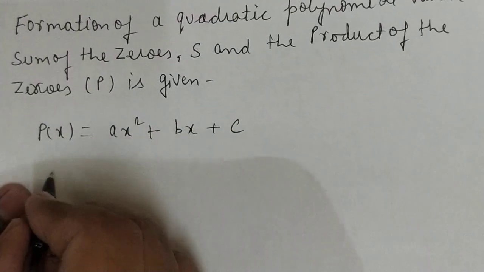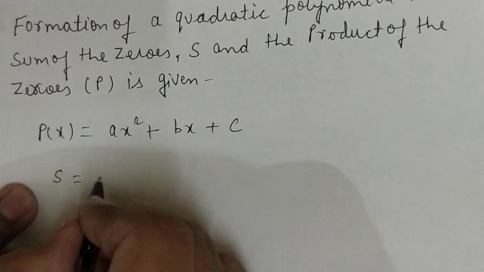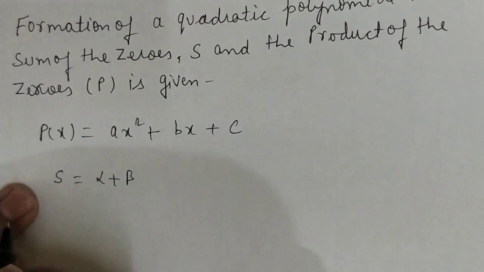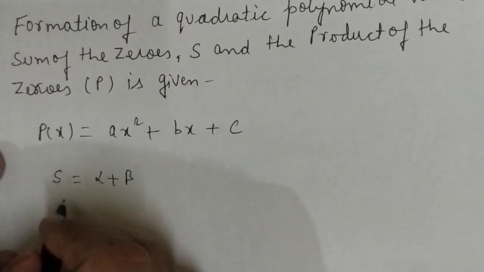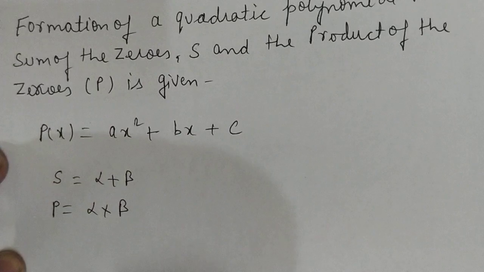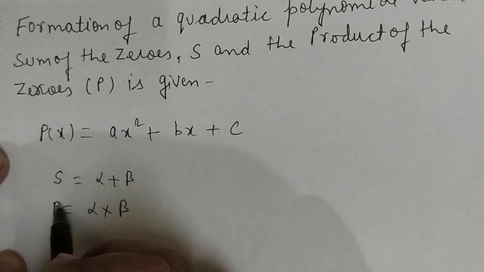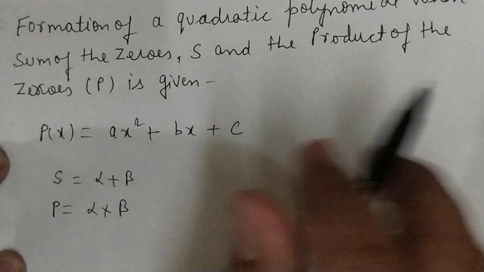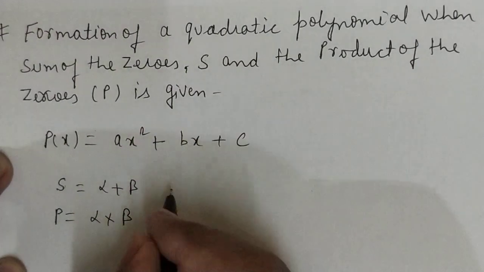Now suppose the sum is given as S, what is the meaning of S? Alpha plus beta, and product is given as P, which is alpha into beta. Now with this information we have to form the quadratic polynomial.